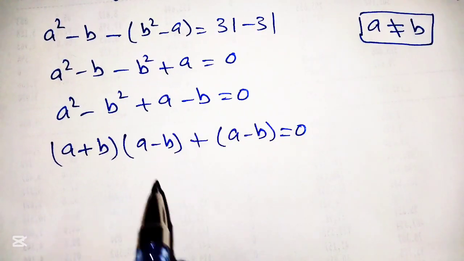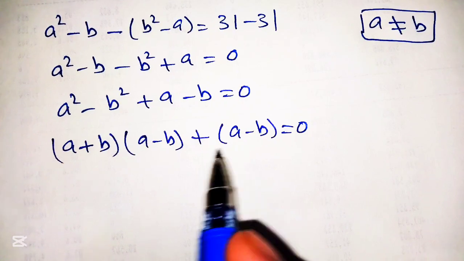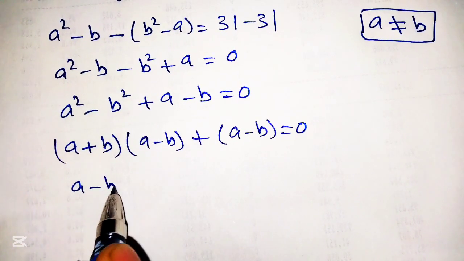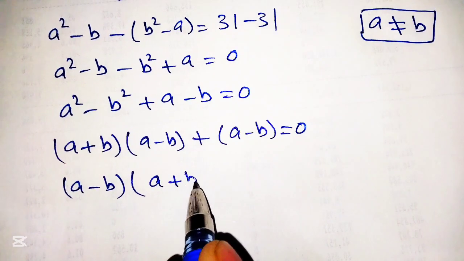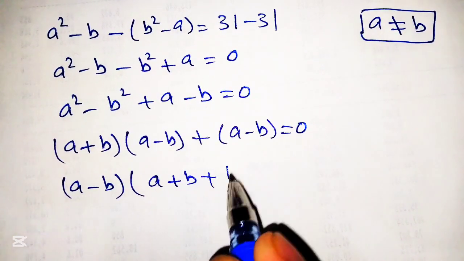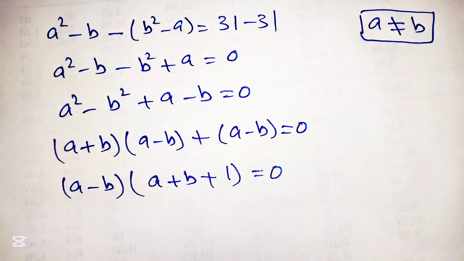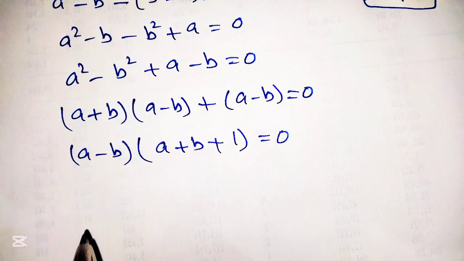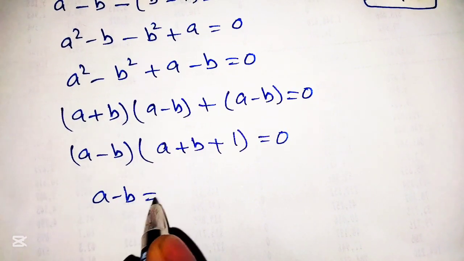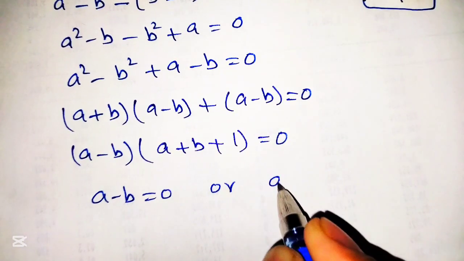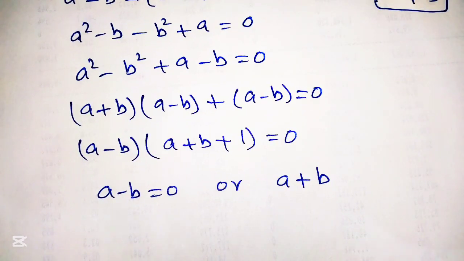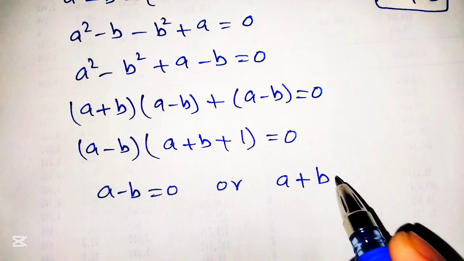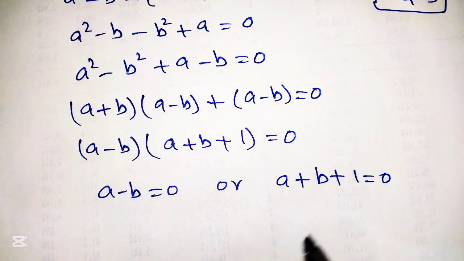Now we can see that a − b is a common term. Taking a − b common, we get (a + b) from here and plus 1 from here, which is equal to 0. From this we can write a − b = 0 or a + b + 1 = 0.